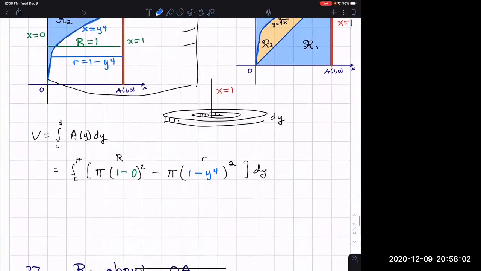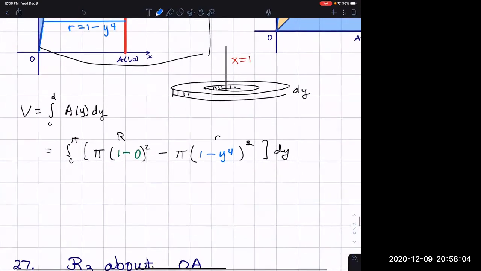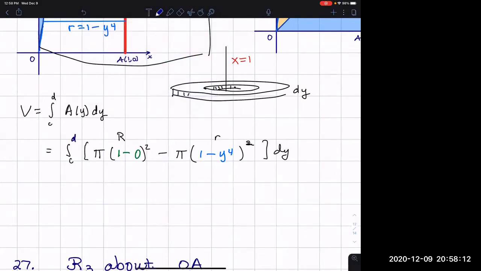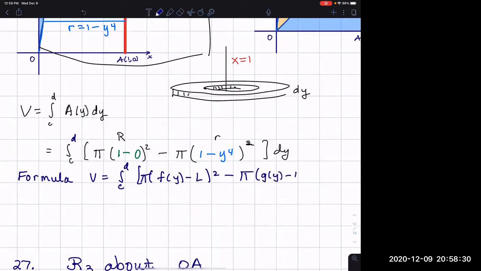Let me point something out: I have a formula that you could just plug everything into. My formula is V is the integral from C to D of pi times (f of y minus L) squared, minus pi times (g of y minus L) squared, dy. This f of y is the outer, this is the inner.